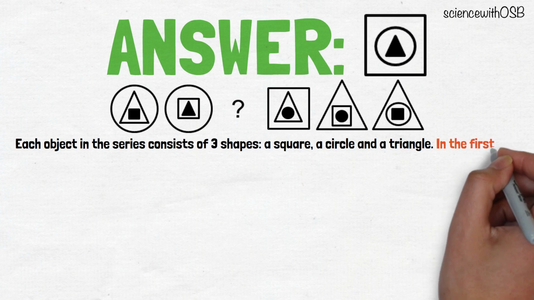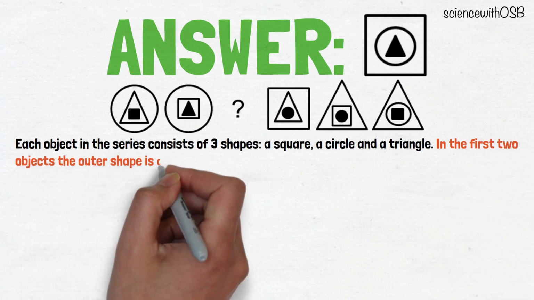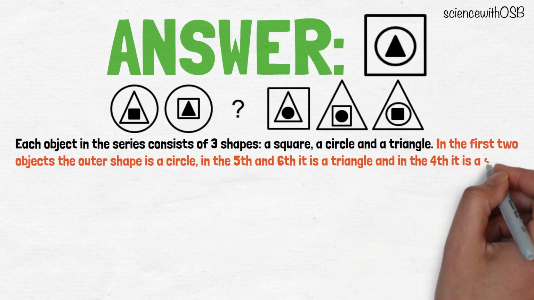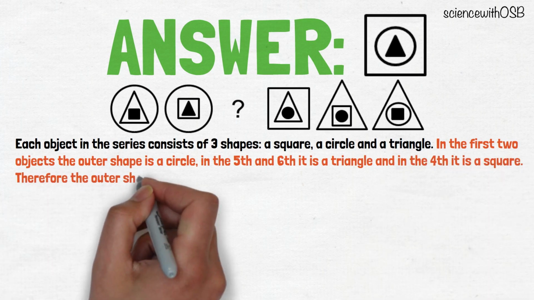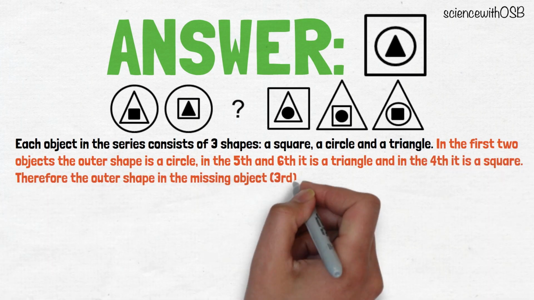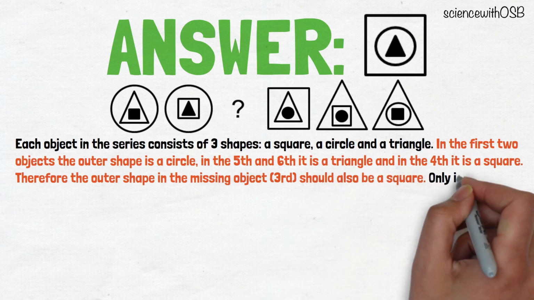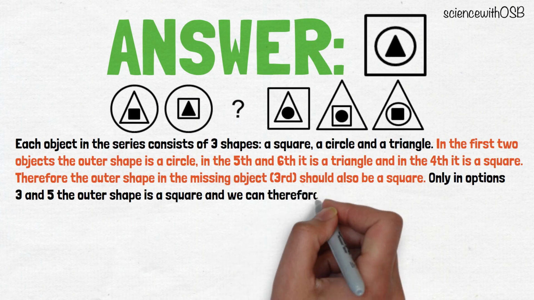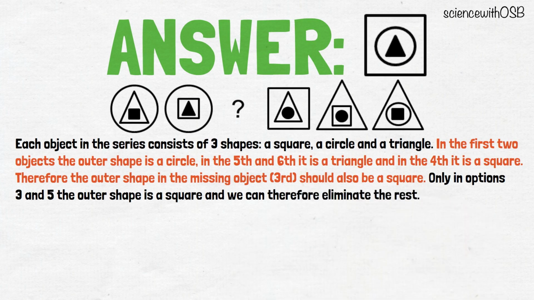In the first 2 objects, the outer shape is a circle, in the 5th and the 6th it is a triangle, and in the 4th it is a square. Therefore, outer shape in the missing object, the third one, should also be a square. Only in options 3 and 5 the outer shape is a square, and we can therefore eliminate the rest.